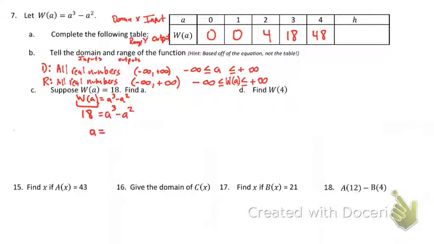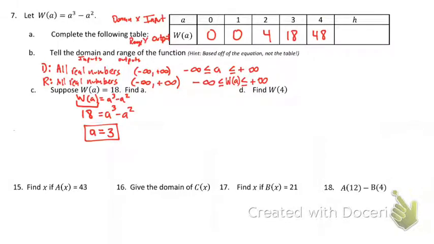A has to equal 3. If we didn't have this table, this would be a very complex problem to solve, but the table helped us because all we had to look for is when W(A) is 18. What does A have to be? 3. If I said W(A) is 48, then you would say A has to be 4, and so on.